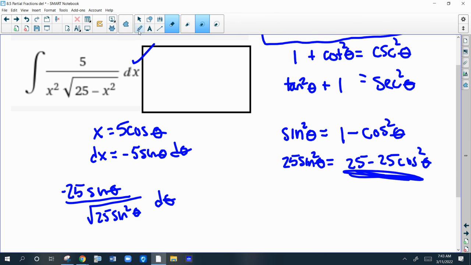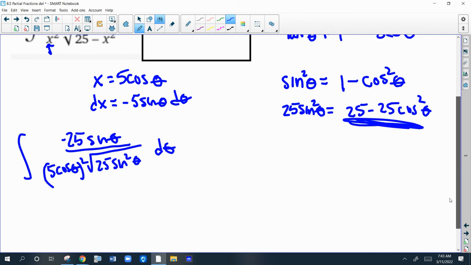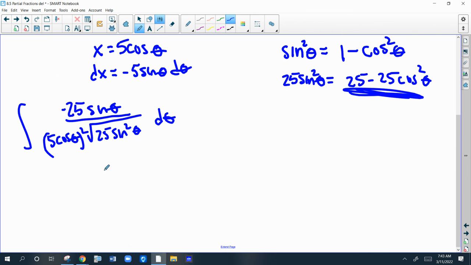I'm not a very good planner. The x is 5 cosine theta right here, and we're going to square that. All right, so now we have this complete mess. Let's start simplifying. That's going to be 25 cosine squared theta. The square root of 25 sine squared theta is 5 sine theta.